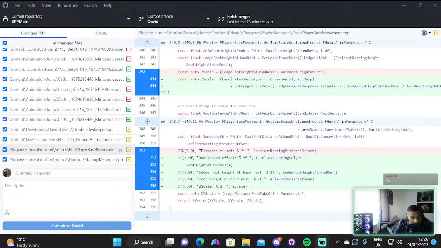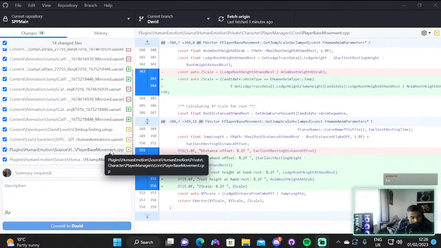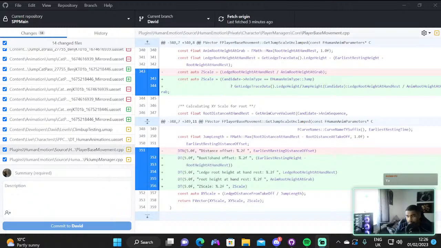Yeah, but that's not how the root modifier works, because the root modifier constantly applies that scale over a period of time, right? So if the scale required to go to that certain point is a scale of 2, then whatever is after that will be correct, because it needs to keep going at the same rate.